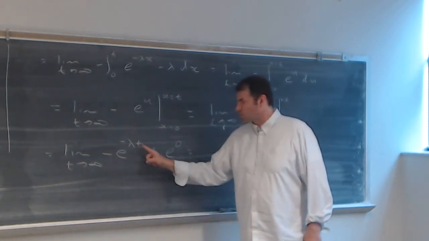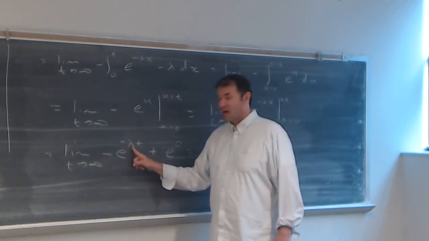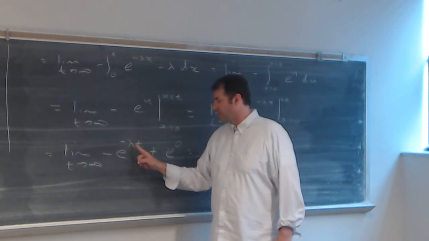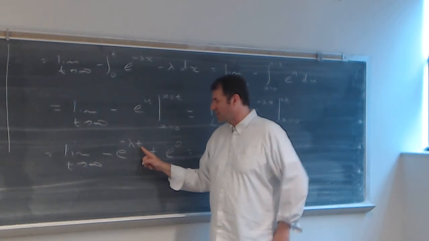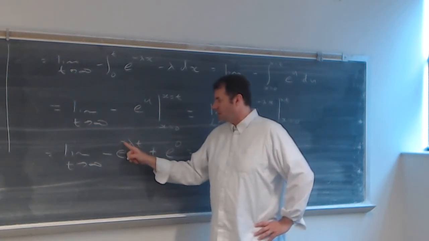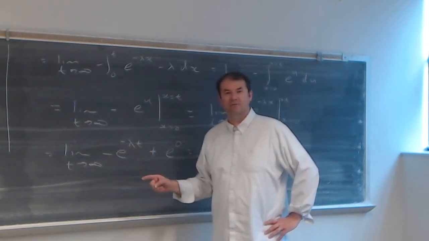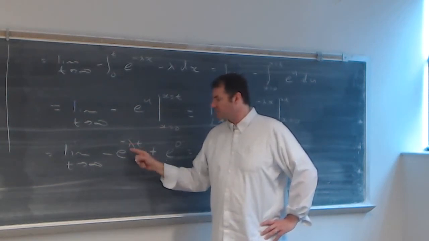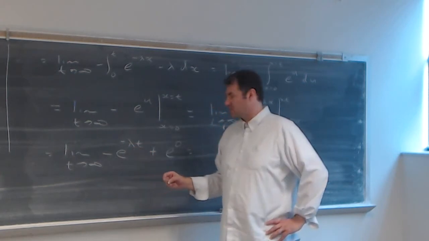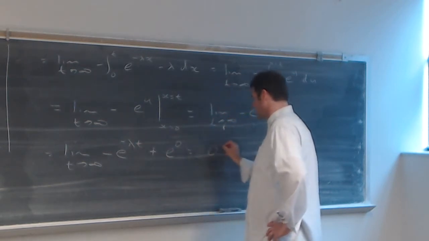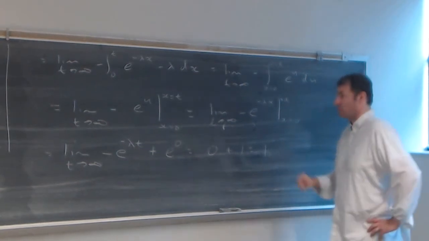Now, when we let t get really, really big, remember lambda is positive. That's why we need lambda to be positive. Lambda times something really big is a huge positive number, and making that negative, we get e to a very large negative power, which goes towards 0. So this is equal to 0 plus e to the 0, which is 1, and we just get 1. That's what I wanted to show.